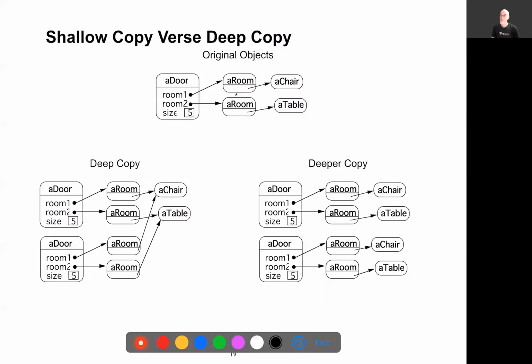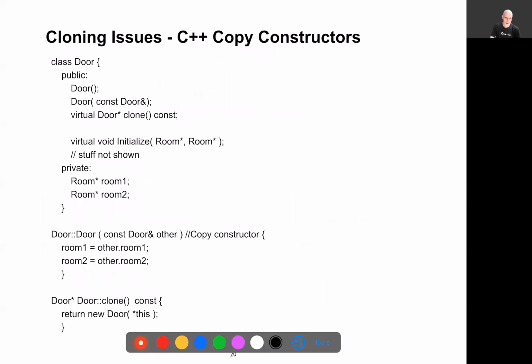Yeah, it's not clear, because that's why you're copying objects, you have to create the memory. And C++ always gives interesting issues.